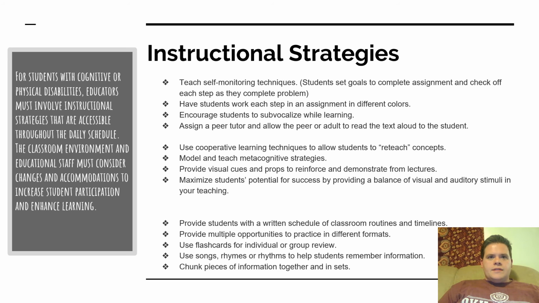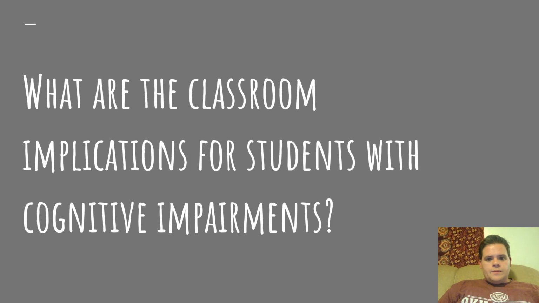Make things interesting. Provide lots of color, lots of pictures. Make sure to model it very well for them so they can understand what they're doing. Provide students with a written schedule of classroom routines and timelines to help them double check and self-monitor to make sure they're always on task. Use flashcards, utilize songs and rhymes to help them remember information. So there's a lot you can do to help these students.